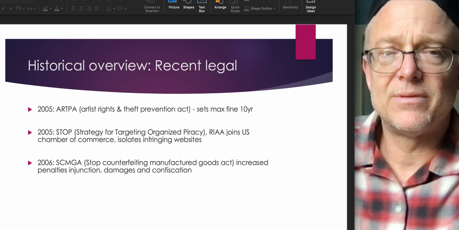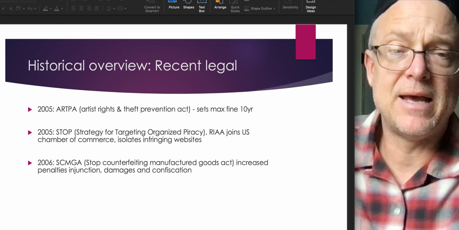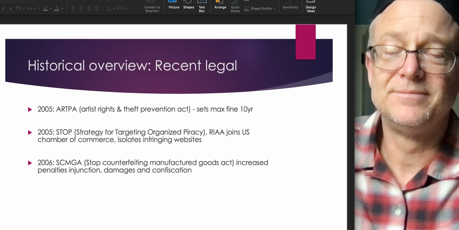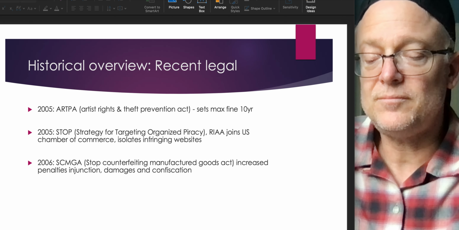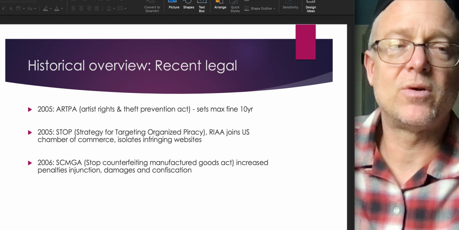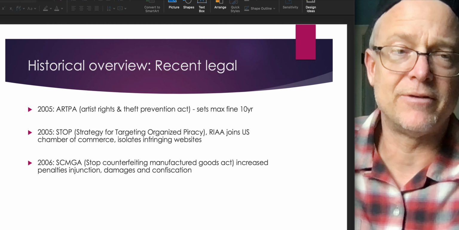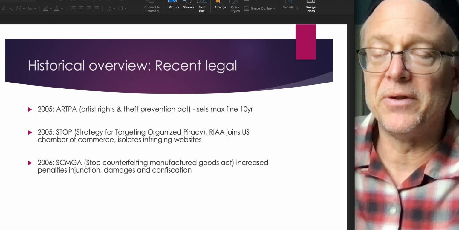There were laws passed before ARTPA, but they didn't amount to much. They didn't allow for courts to impose much in the way of penalties. And so now you've got a maximum 10-year fine for illegal downloading.